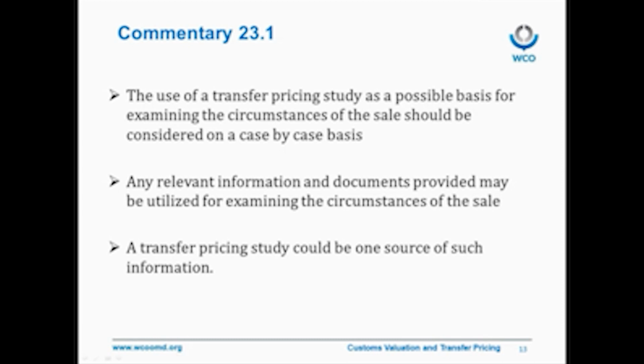So through this instrument, Commentary 23.1 tries to establish the linkage between these two rules, the OECD rules, TP study, and the WTO Customs Valuation Agreement.